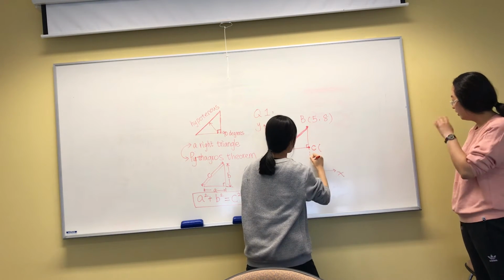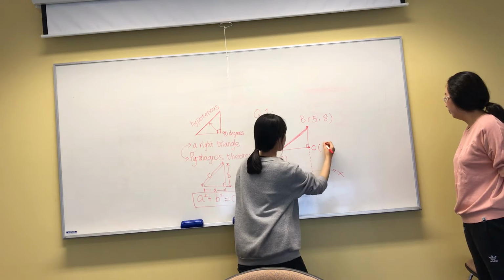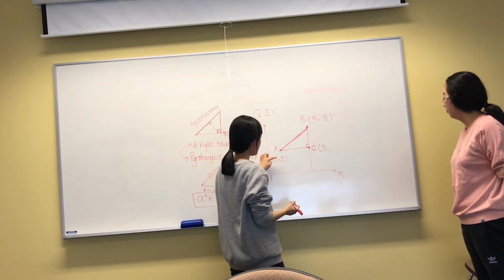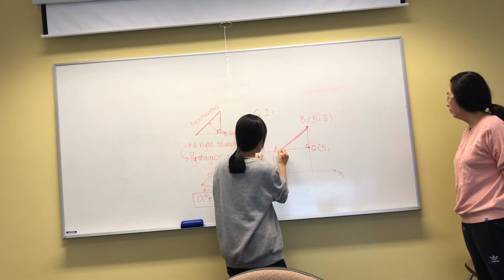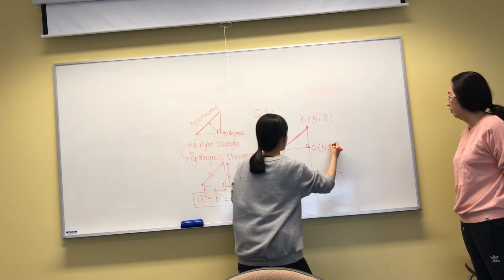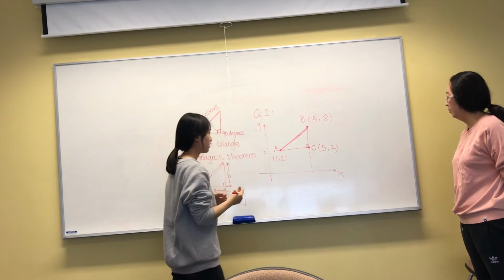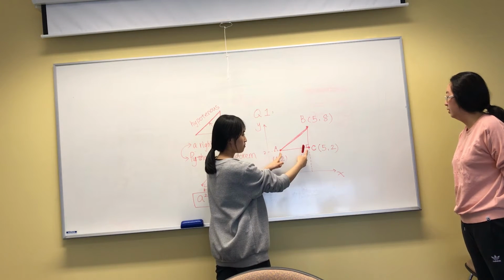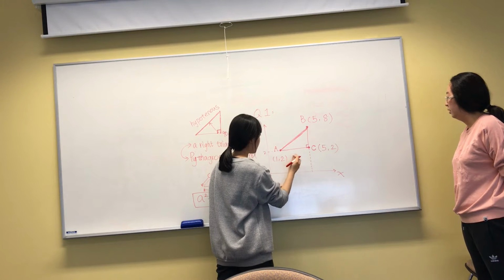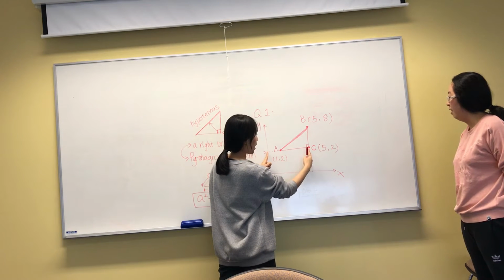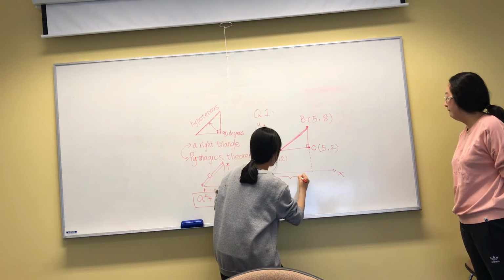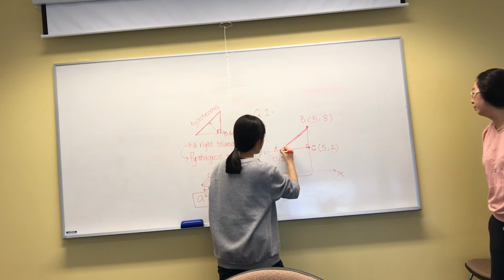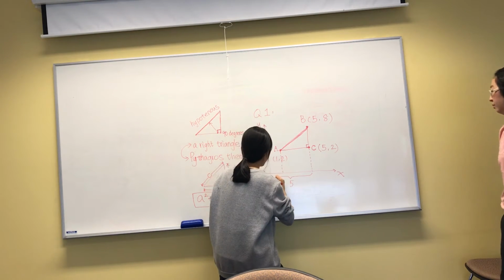It should be (5, 2). Yes, good. Now, distance AC: this is 5, and this is 1.